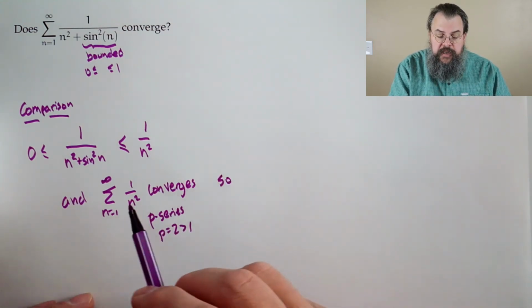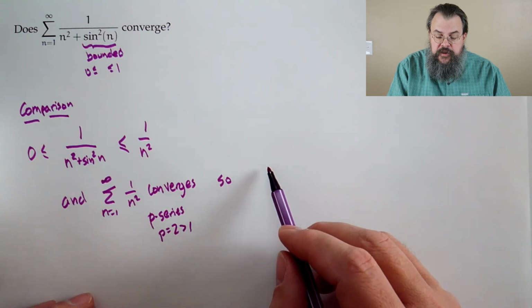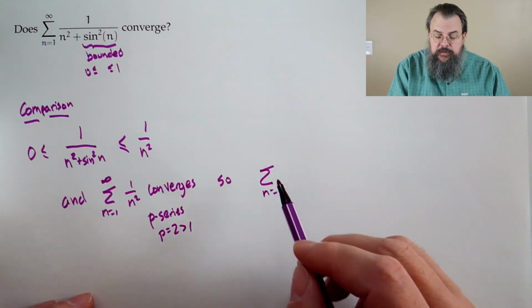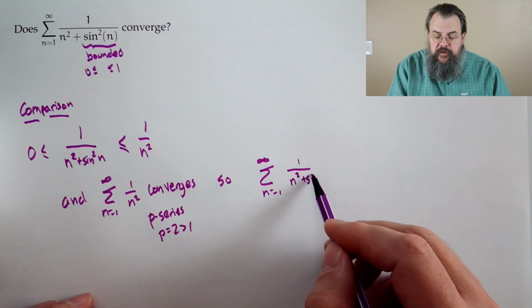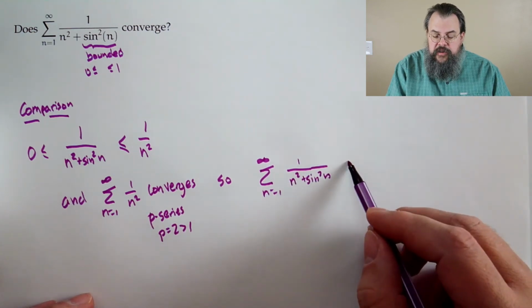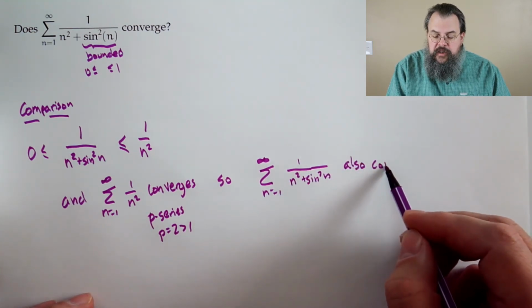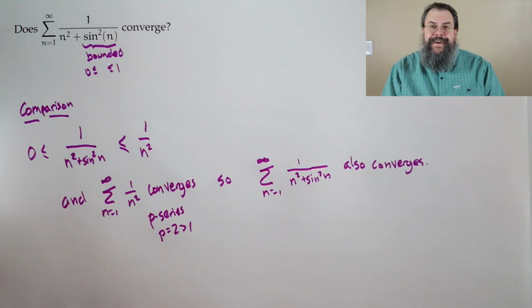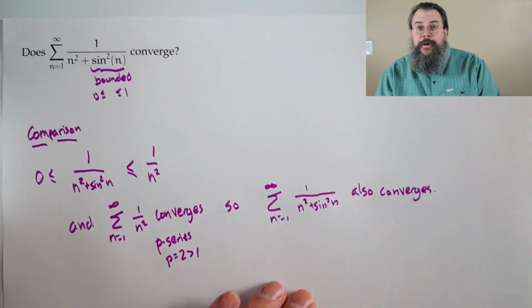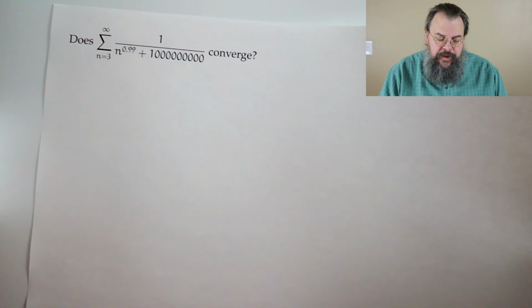So, by the comparison test, our conclusion is that the original sum, 1 over n squared plus sine squared n, also converges. And you can do a limit comparison test. It's going to be very similar. All right. Well, wow, these are pretty quick. It's kind of nice to start a problem and say almost instantly, yes, here's the answer. And then you just have to write down what's going on.